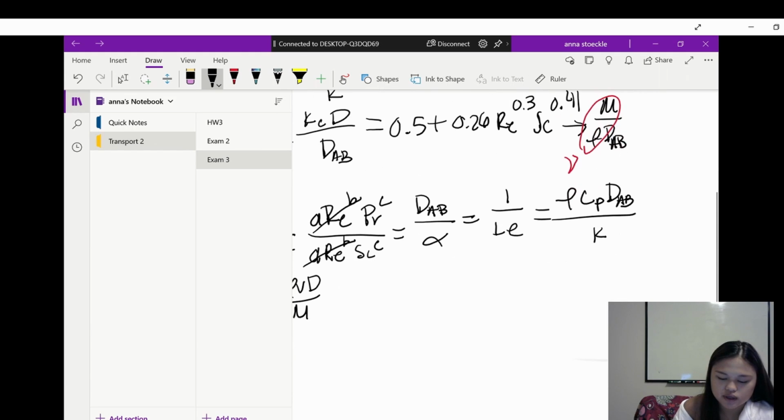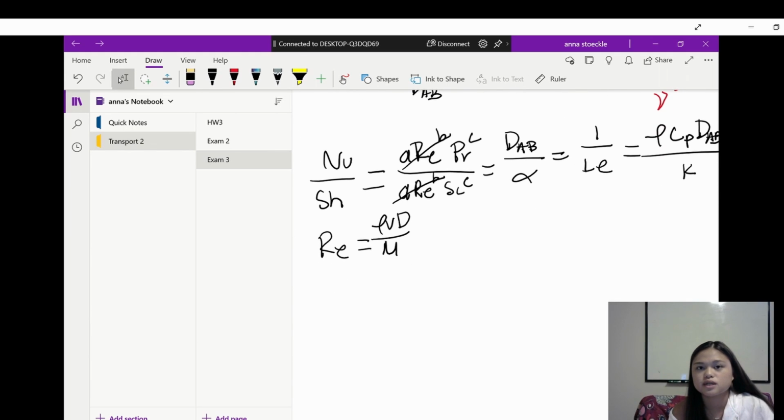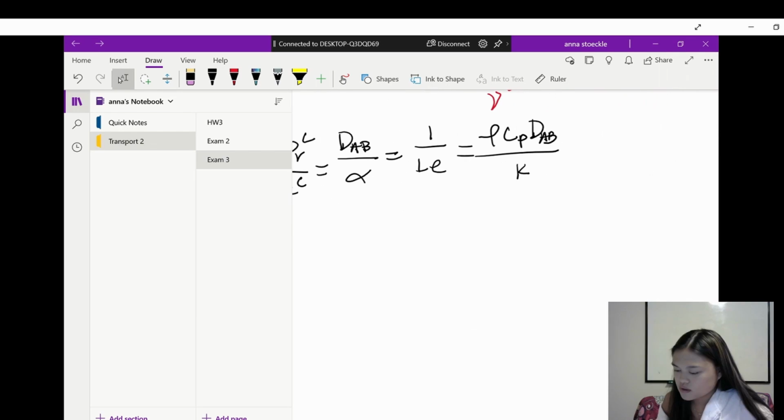Looking at this, that Lewis relationship is really significant because for moist air we can estimate it to 1, and I will show you how to see that. So let's look at all the variables.